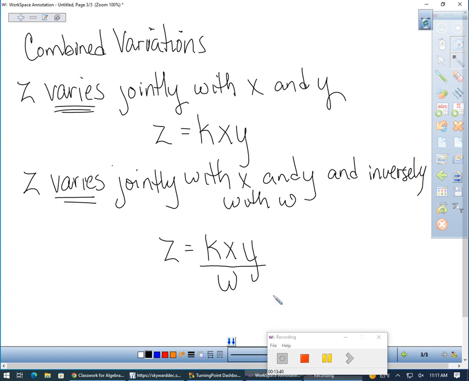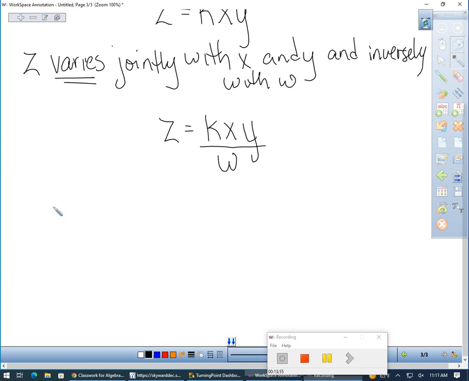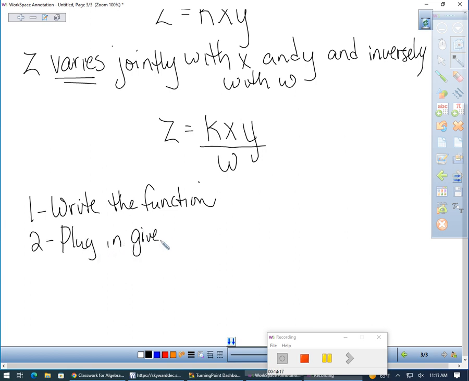So in the next few problems I want to talk about, you're actually writing your own variation equation, and then we're going to solve for some missing content. So here's the steps I want you to think about. Step 1, you need to write the function, just like we did, right? Step 2, plug in given information to find k.